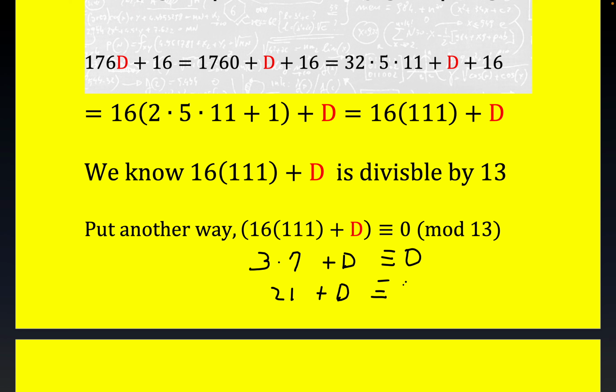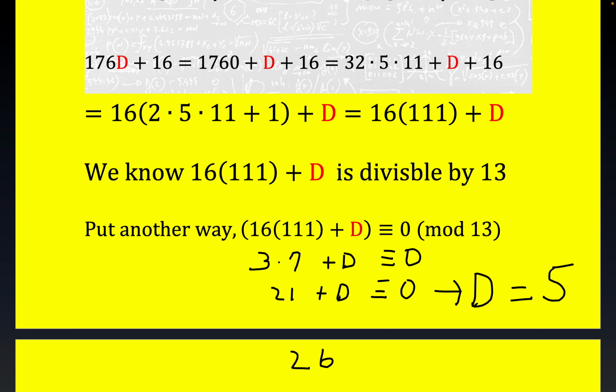But this implies that D would be 5. D equals 5, folks. And of course, that's because this would be 26 right here. 26, by inspection, 26 plus 5.